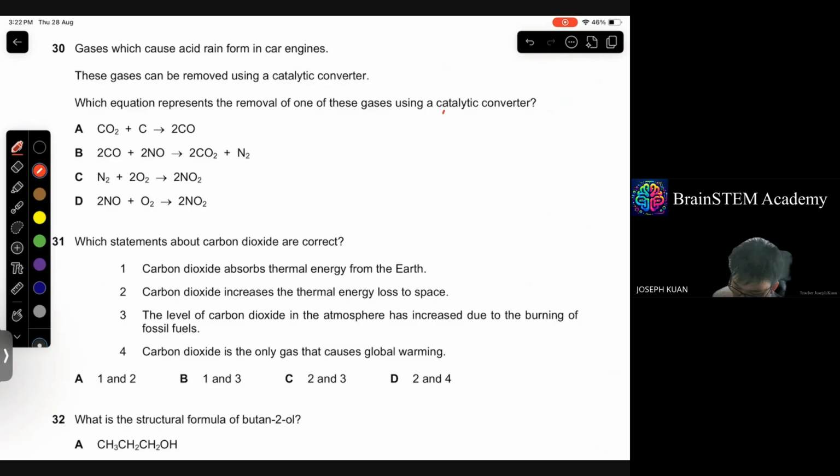Last question. Pure ethanol has a melting point of negative 114 degrees Celsius and a boiling point of 78 degrees Celsius. What are the melting and boiling points of a sample of ethanol with glucose dissolved in it? Now, our ethanol now has some impurities inside.